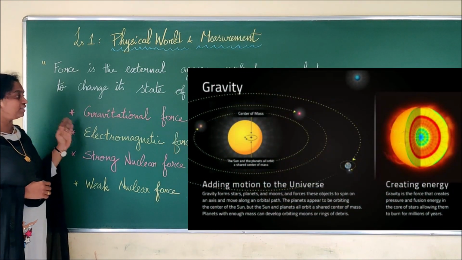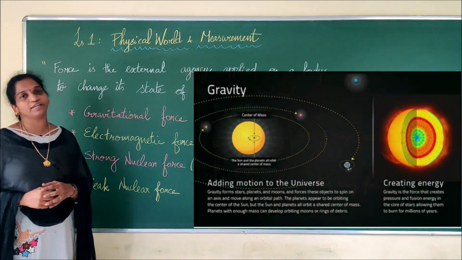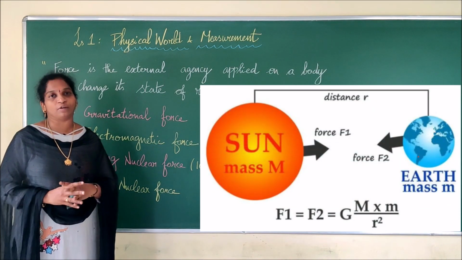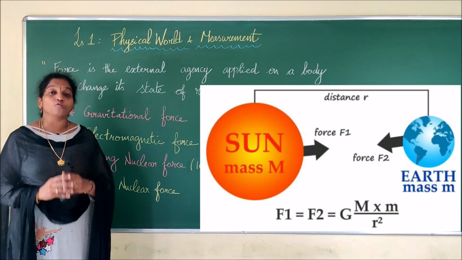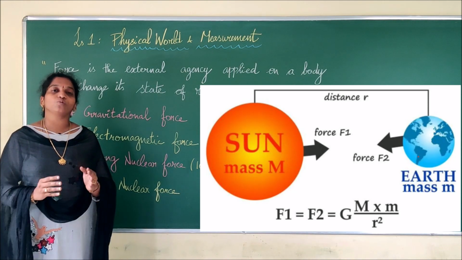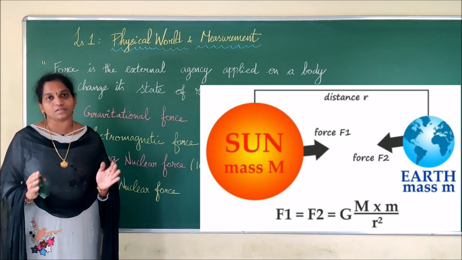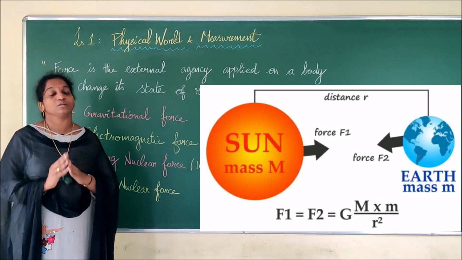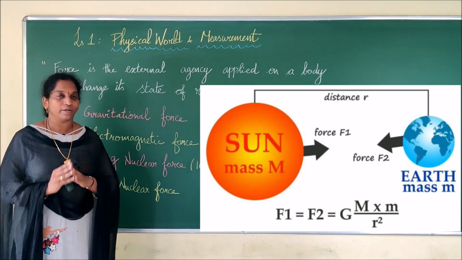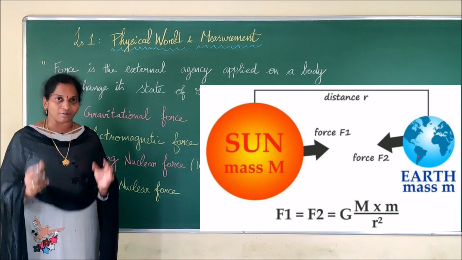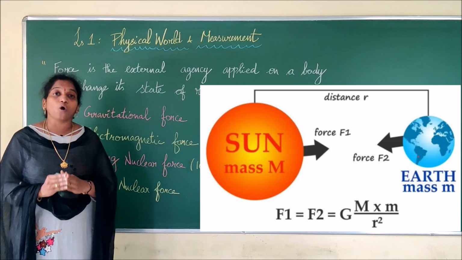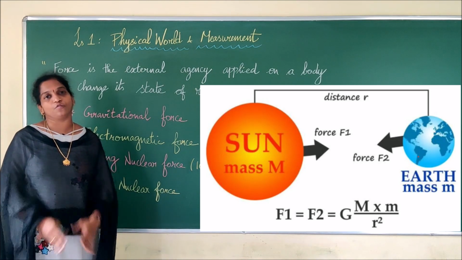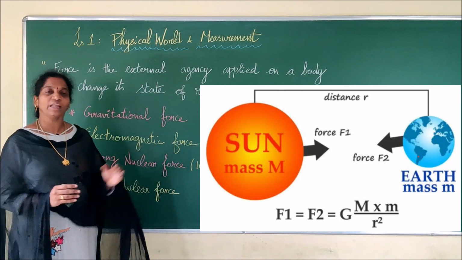Now first, gravitational force. So what is a gravitational force? We know about Newton's laws of gravitation. So we can say that the force of attraction between two objects of masses, we call that force gravitational force of nature.